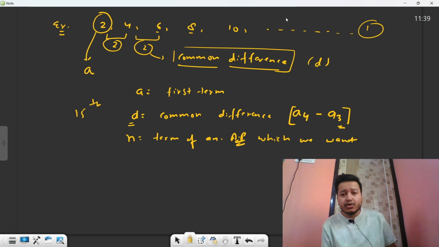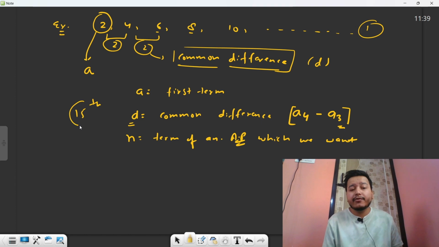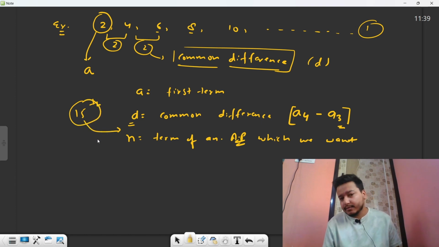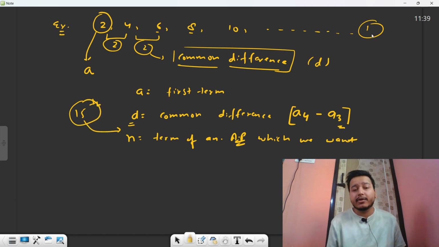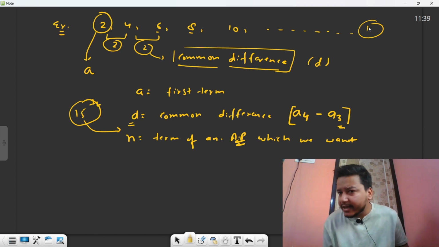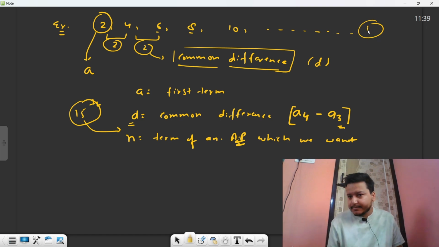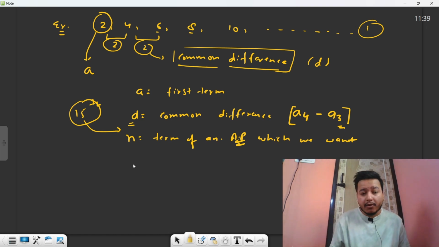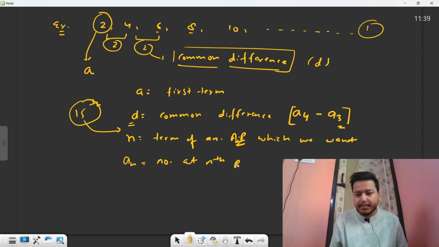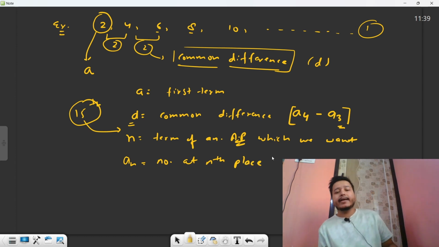So if we want to find the 15th term of this AP, then the number 15 will be called n, and the number which will come in the 15th place will be called an. an is the number at the nth place.